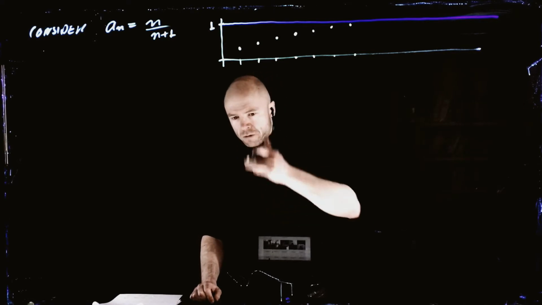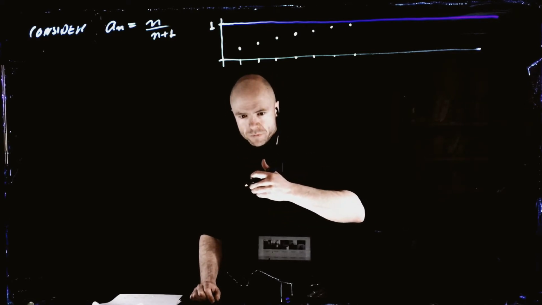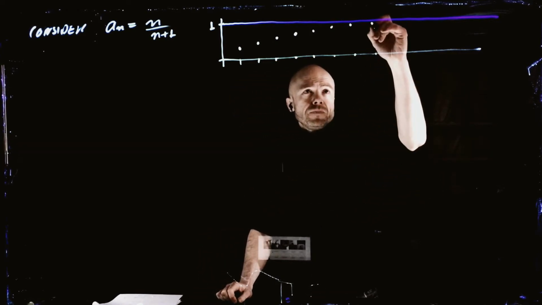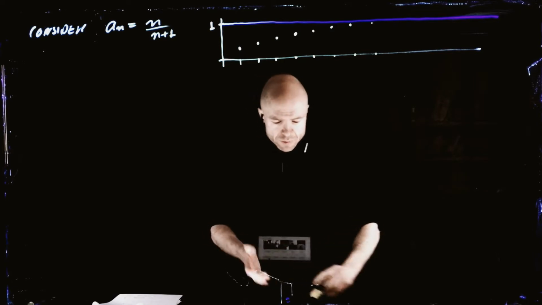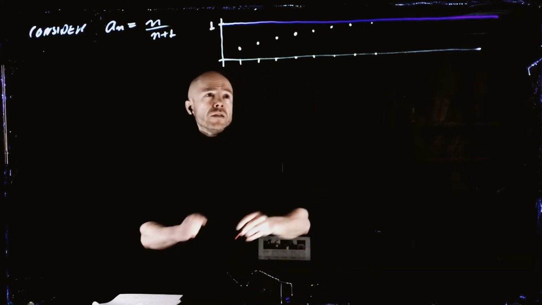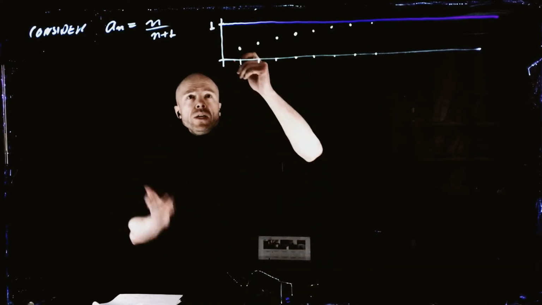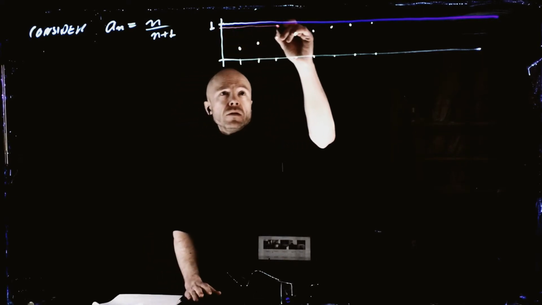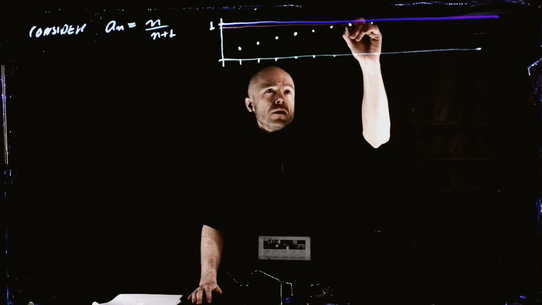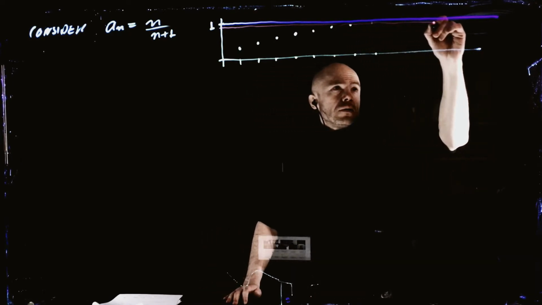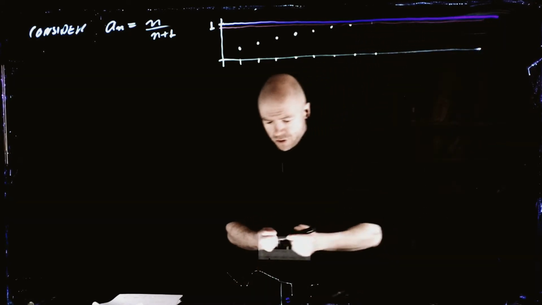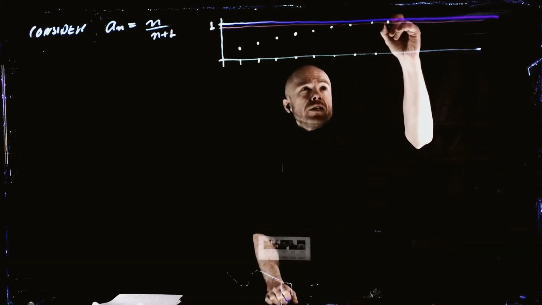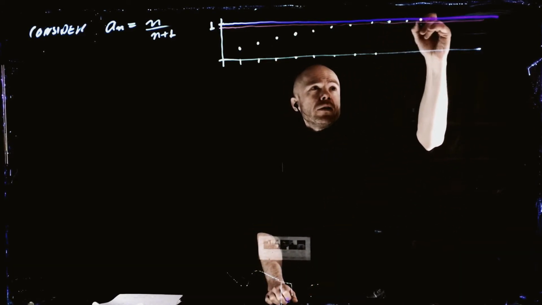For a million, we have 1,000,000 over 1,000,001. Yeah? Okay. So, if we think about that, then what that means is that if we take any line here underneath 1, then eventually our sequence will be above this line. Every single point going forward, right?